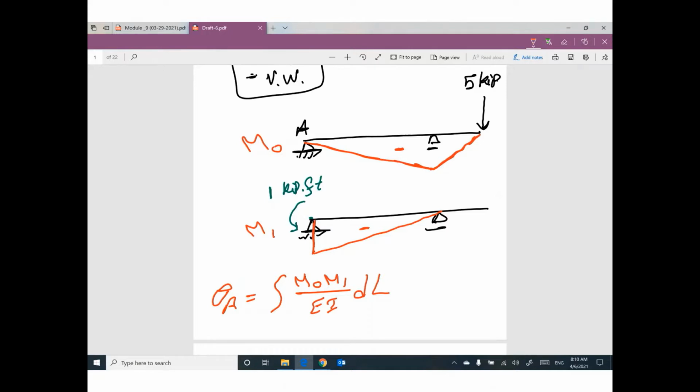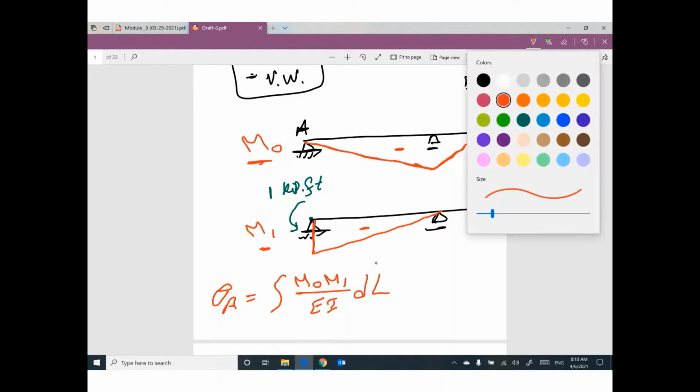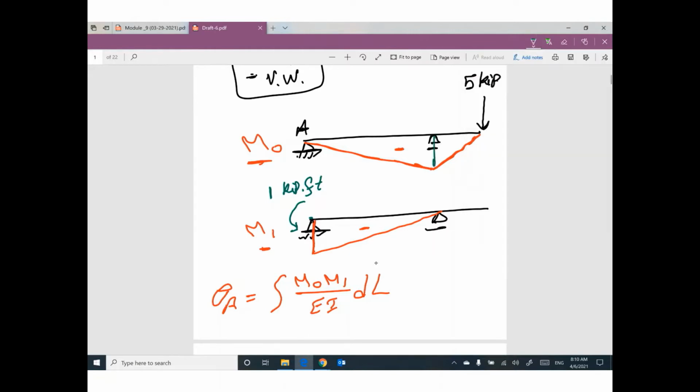If you would like to integrate M naught and M1, please be careful. The first part, this triangle with 0: the integration of this triangle with 0 will be 0. That makes sense?